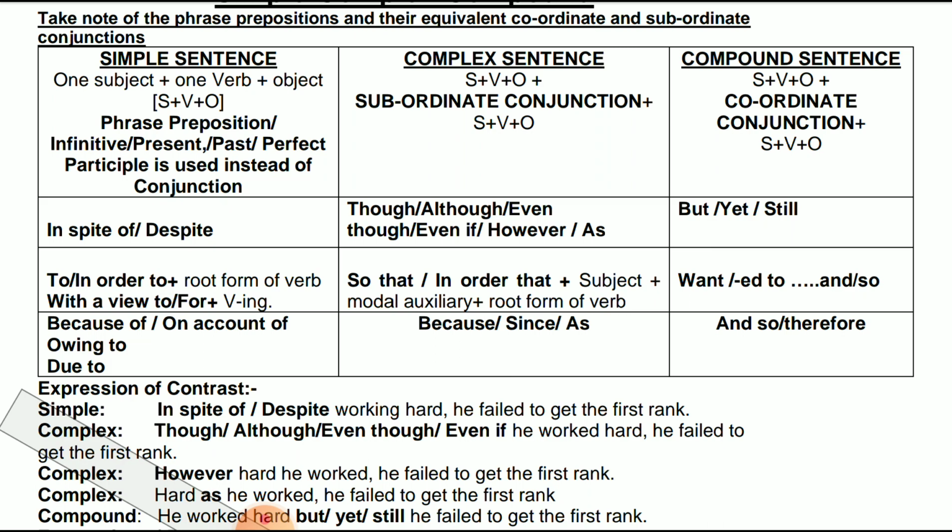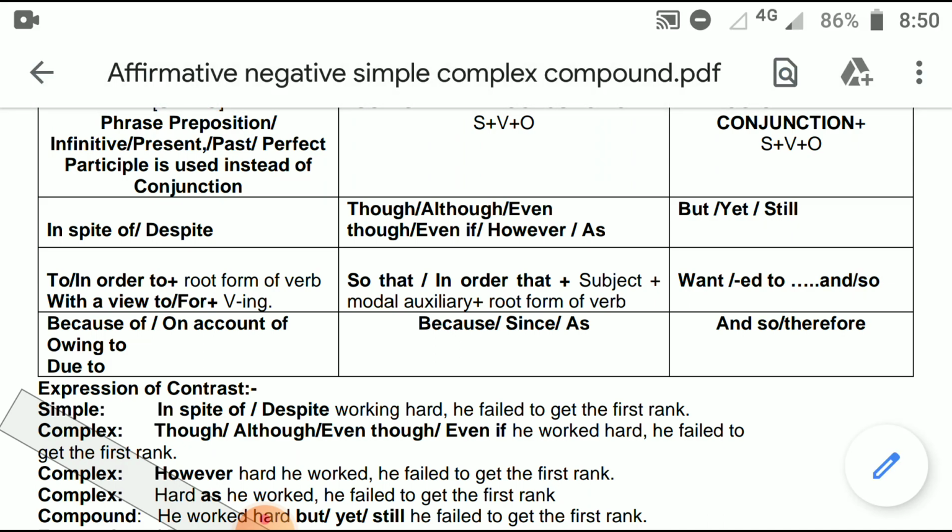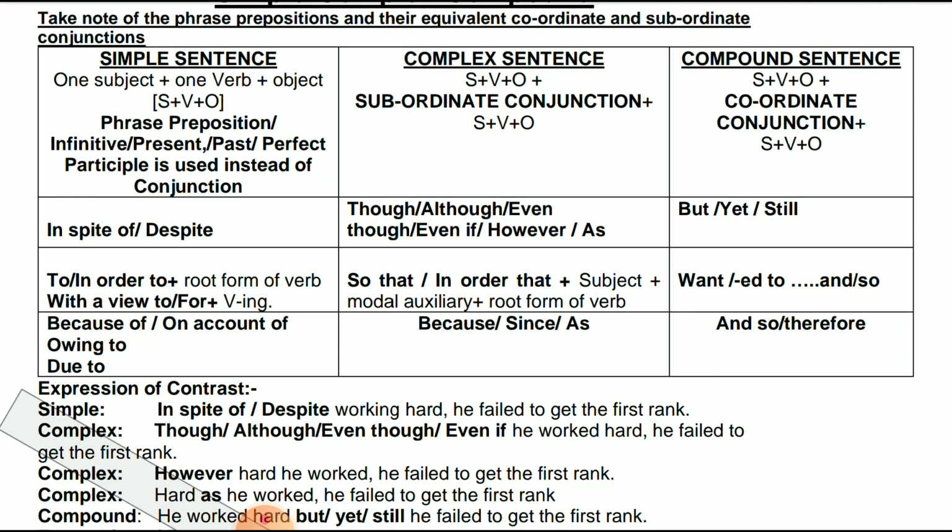Okay. Now the second thing that differs in a simple sentence is, in place of a conjunction, there is a phrase preposition or an infinitive. Infinitive means to plus root form of the verb, or the base form of the verb. Then we have present participle, past participle or perfect participle.